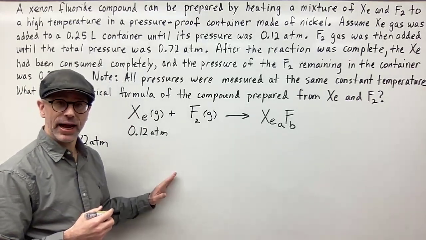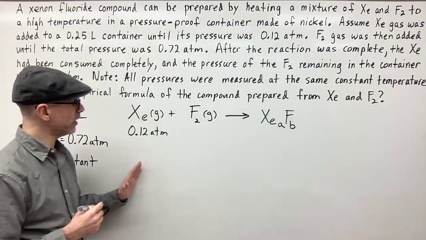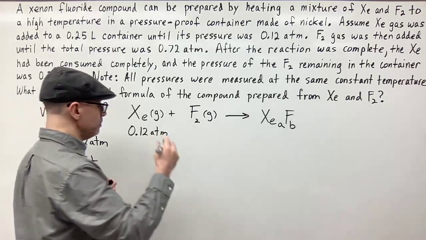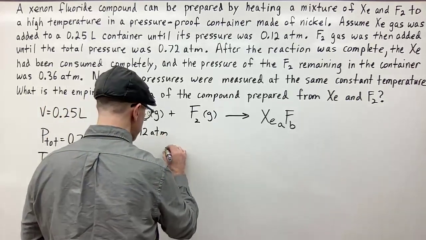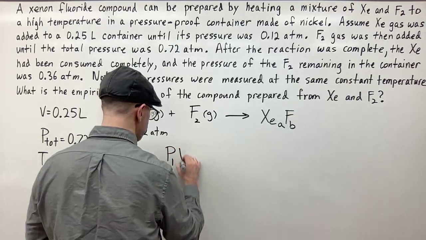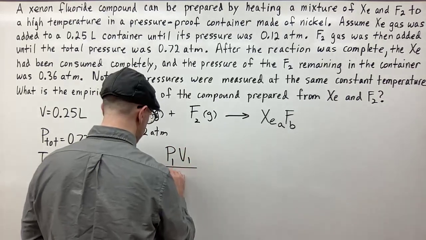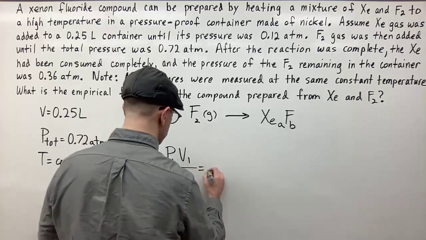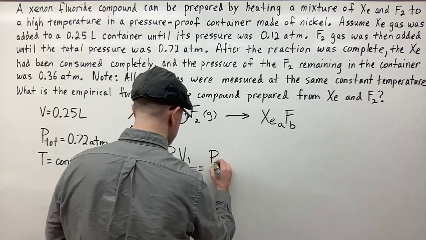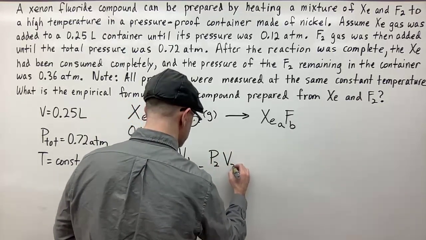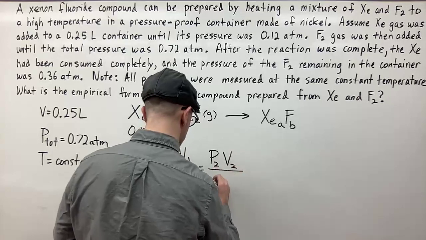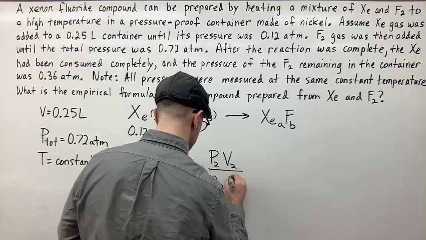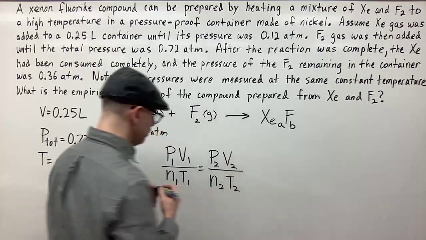And let's go over. So let's start with the combined gas law, and I'll show you why this is important. So if we start with the combined gas law, that would be P1 V1 over N1 T1 is going to be equal to P2 V2 over N2 T2.